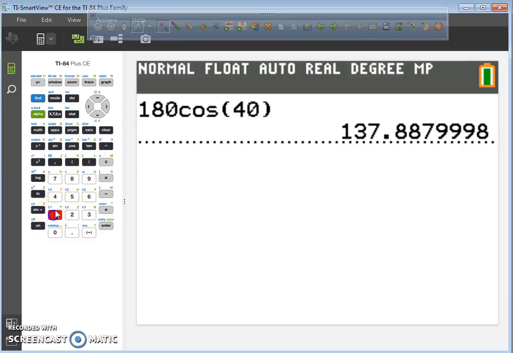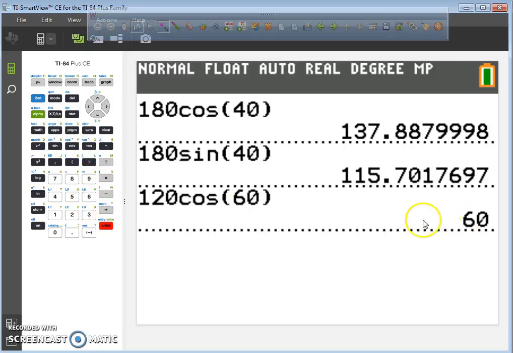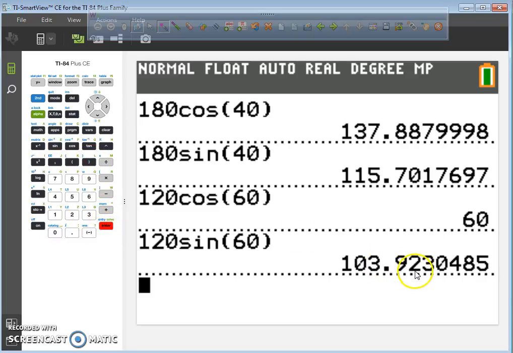And I'm going to type in 180 sine 40. And just for fun, we already did what? 120 cosine 60. 60, right? And we're going to type in 120 sine 60, and that's how we got that 103.9.